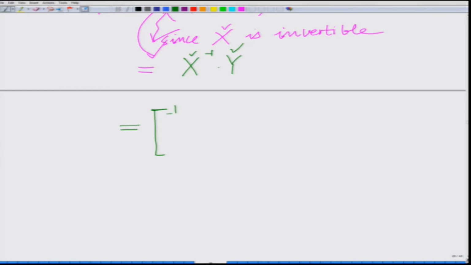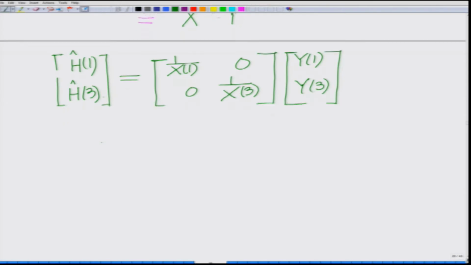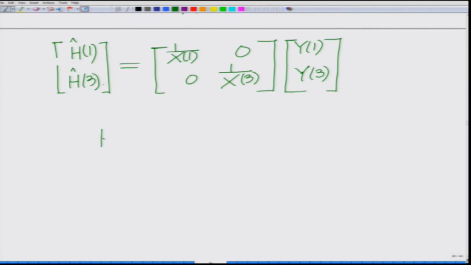the inverse of the diagonal elements, that is 1 over X1, 1 over X3, times Y1, Y3, and this is basically your estimate of the channel coefficients. Therefore, now I can calculate the estimate H hat 1 as simply your y1 divided by x1, and we know both of these.